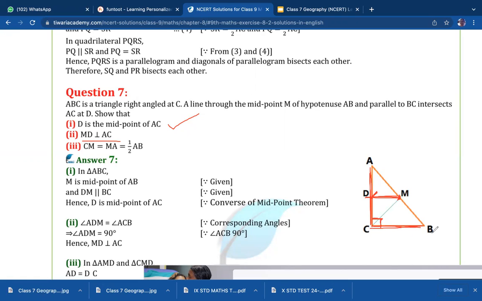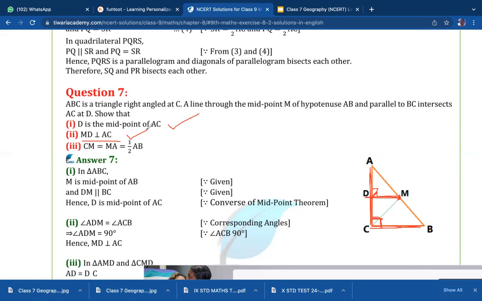DM is parallel to BC and angles ADM and ACB are equal. Why? They make corresponding angles. Already angle ACB is 90 degrees. So now angle ADM is also 90 degrees, which proves that MD is perpendicular to AC. So our second part is also proved.